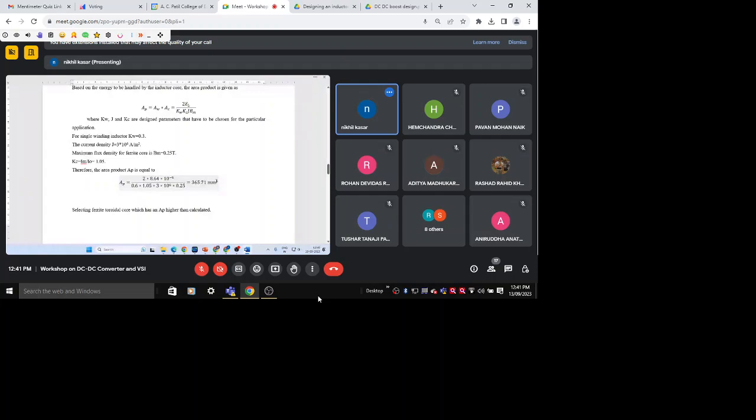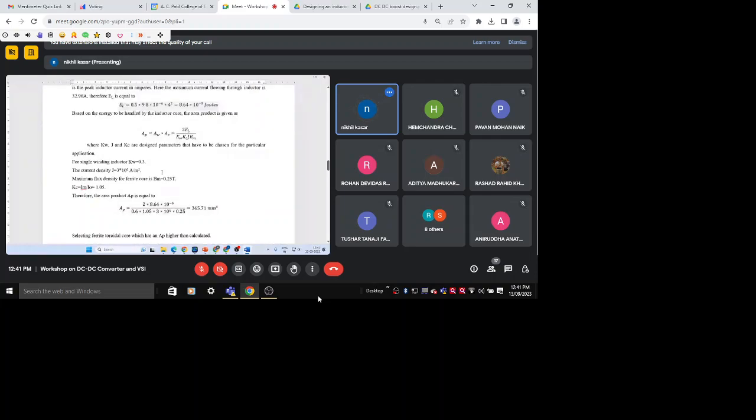Putting the values one by one: in the numerator, twice the energy, 8.64 multiplied by the other factors, divided by one, the Kw factor, and the current density. Everything is finalized, so this is the area product relation.